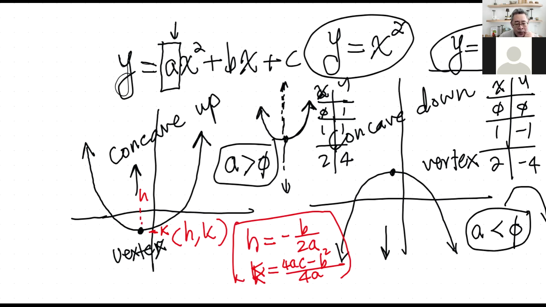And we also have another very important point. These are the roots of the function. Sometimes you also call them the zeros of the function, because at these two points, y is equal to 0. So we also have a formula for finding those two points, called the quadratic formula.